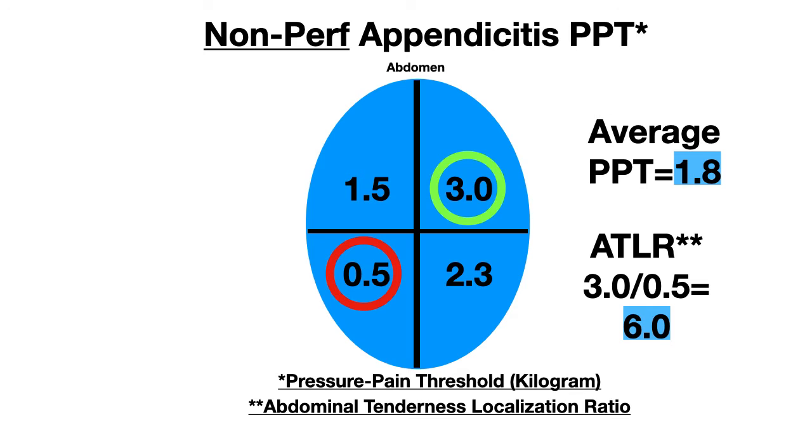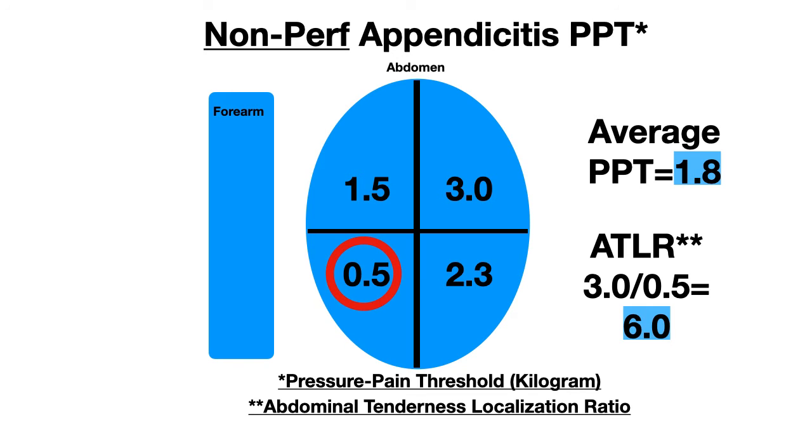And so we came up with the term of abdominal tenderness localizing ratio, ATLR, or abdominal ratio for short, 3/0.5 or 6. Later in our work, we decided on obtaining a non-abdominal global background pain threshold by measuring the forearm thresholds.